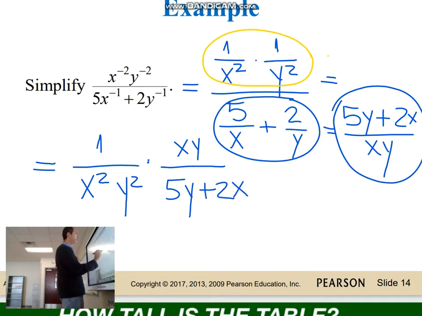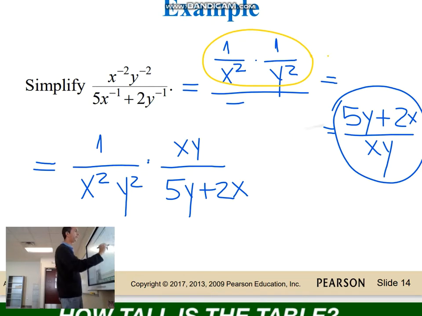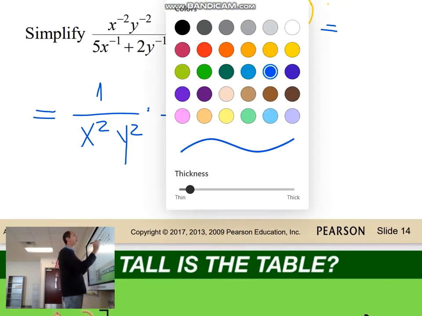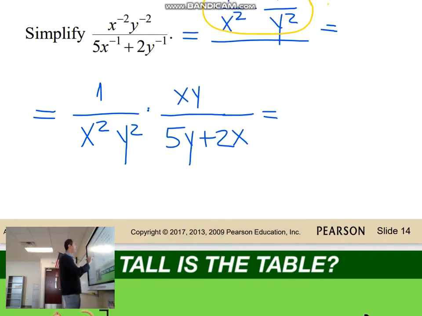Let me erase this for a while so I can have more space. Look at the whole thing. If we can simplify something, check this. We have x and y, and x squared and y squared that we can simplify.